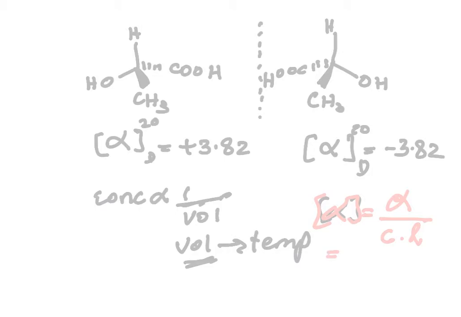You would say that that is alpha, which is measured in degree, or you can say DEG. Concentration was gram per centimeter cube, right? And this is in dm, and that is about 10 centimeters. So if you wanted to get rid of the decimeter, then you will have to have the factor of that 10 to be put in place.